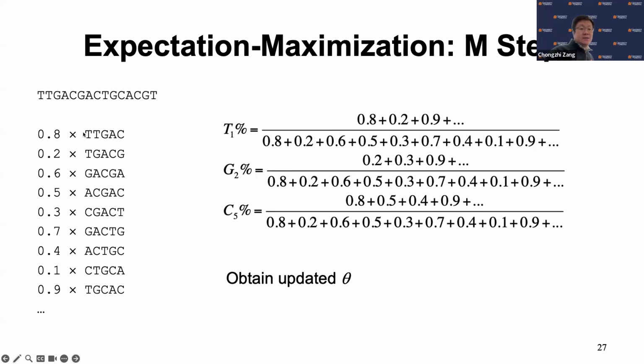One T is 0.8, and another T is 0.2. So all the T occurrences times the likelihood ratio, and the denominator is all the likelihood ratios for all the locations added together. In this way, we calculate the updated frequency of A, G, T, C at each position, and at this step we generate a new updated theta.